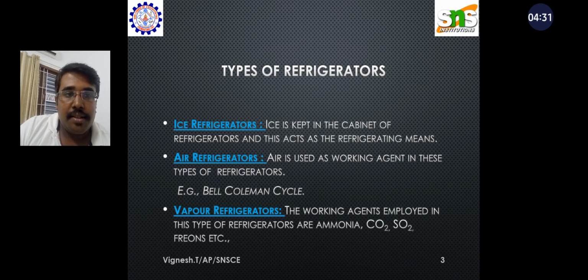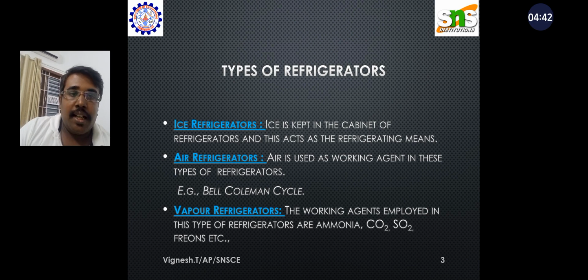And in air refrigerators, air is working as the agent. Vapor refrigerators use something other than normal air, such as ammonia, carbon dioxide, freons, chlorofluorocarbons, and nowadays refrigerants like R232.